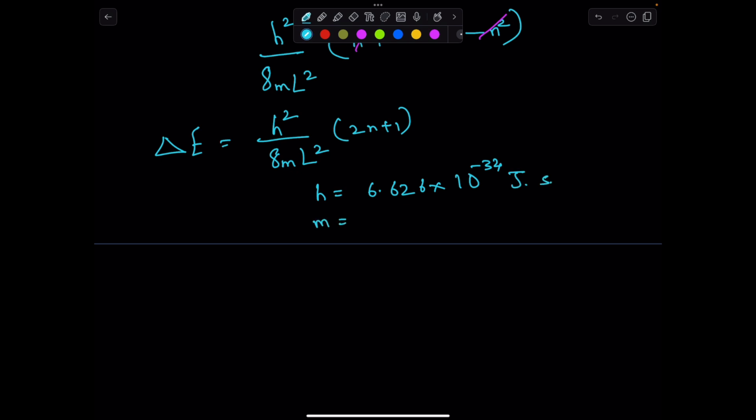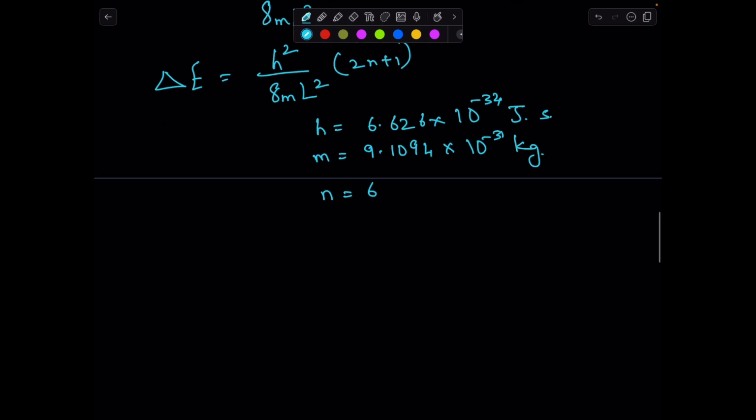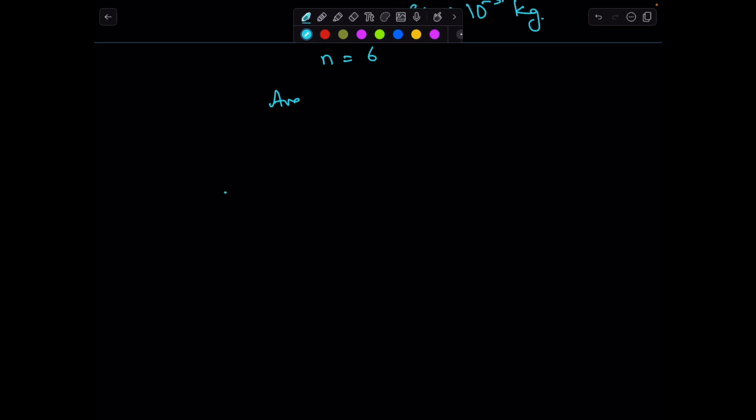The mass of the electron is 9.1094 times 10 to the negative 31 kilograms. The energy level is 6, which is the highest energy level of the ground state. The average internuclear distance equals 140 picometer.